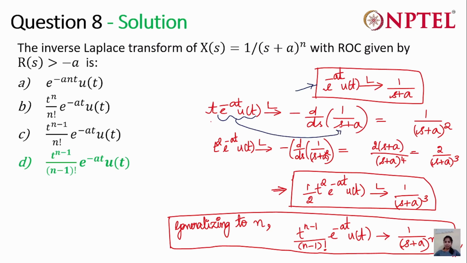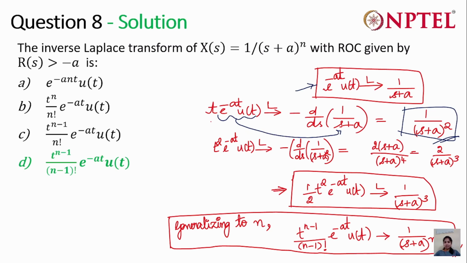So minus d by ds of 1 by s plus a. So if you differentiate 1 by s plus a, we will be getting again u by v. So when you differentiate u by v, it is v into u dash minus u into v dash by v square. So you will get 1 by (s plus a) the whole square.